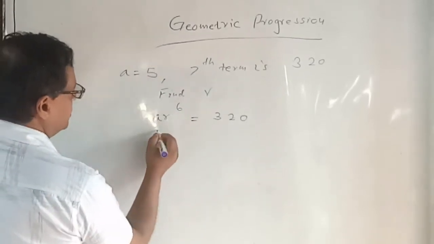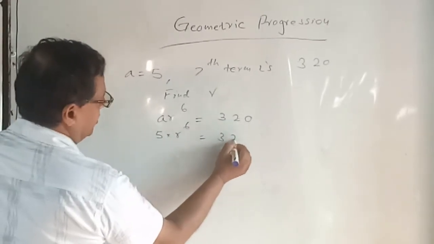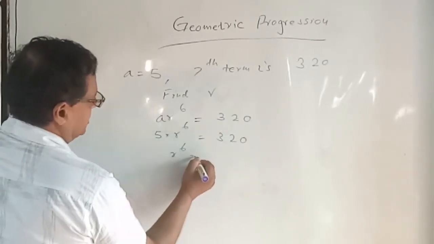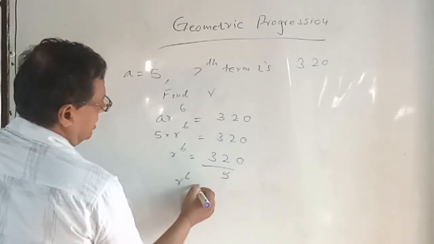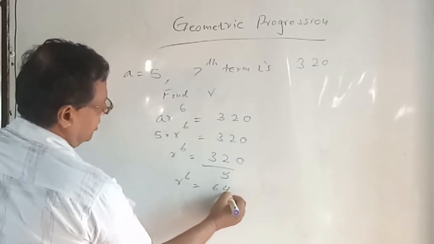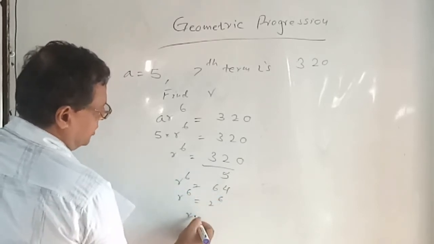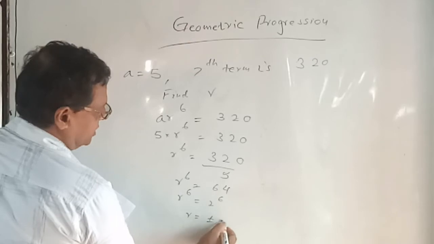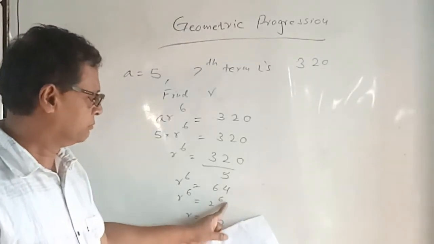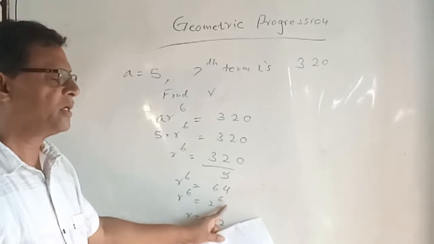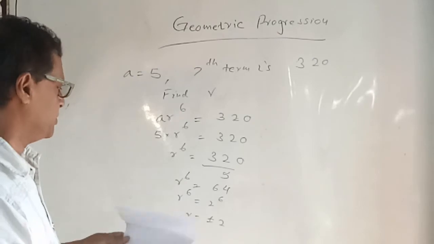Now as a is 5, substitute: 5 times r to the power 6 equals 320. r to the power 6 equals 320 upon 5, that is 64. r to the power 6 equals 2 to the power 6. Therefore, r equals plus or minus 2. Why plus or minus? Because the power is an even number. If it is an odd number, you get only one value for r. So you are getting two progressions.